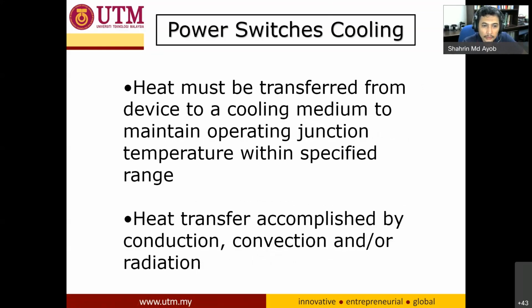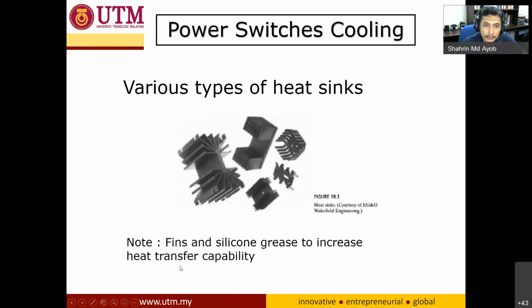The heat transfer can be accomplished by either conduction, convection, or radiation. For example, we can use what we call the heat sink, which is I think the cheapest solution for power switches cooling.